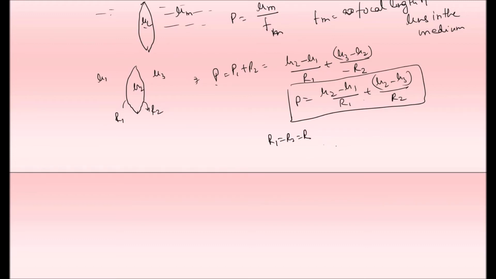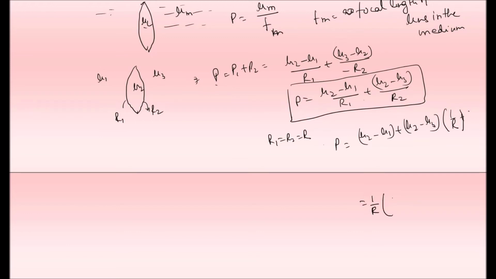Then if you calculate the value of power, power P is equal to ((mu2 minus mu1) plus (mu2 minus mu3)) into 1 by r. So from there you get 1 by r into (twice mu2 minus mu1 minus mu3), and you get 2 by r into (mu2 minus (mu1 plus mu3) divided by 2).